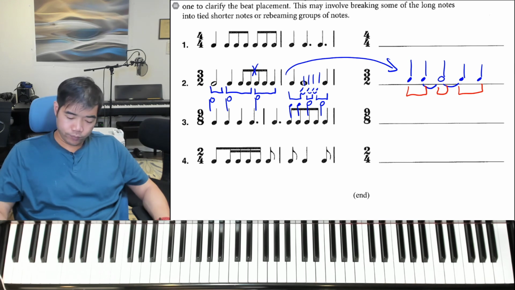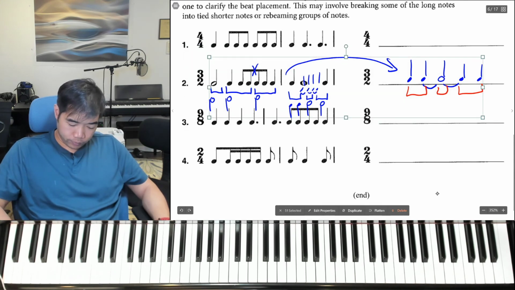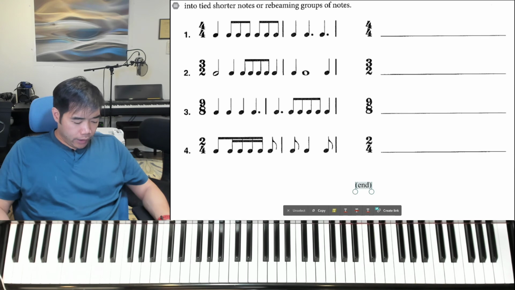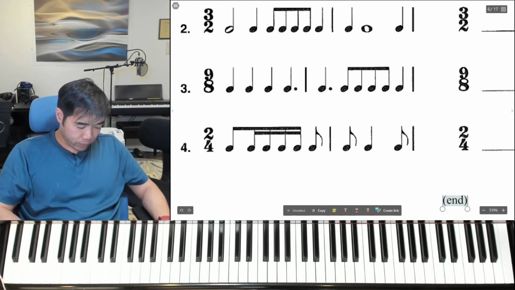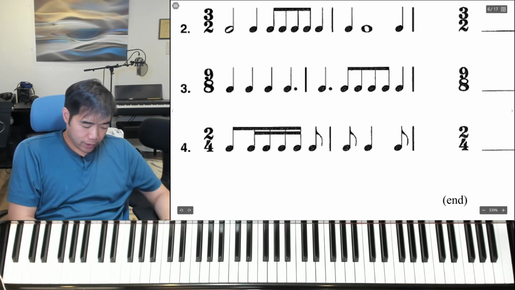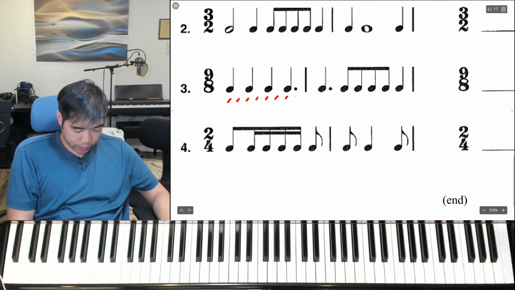Okay. This will take some practice. And yeah, so each of these work the same way. 9/8 time, we should see 3 groups of eighth notes. So eighth, eighth, eighth, eighth, eighth, eighth, eighth, eighth, eighth.